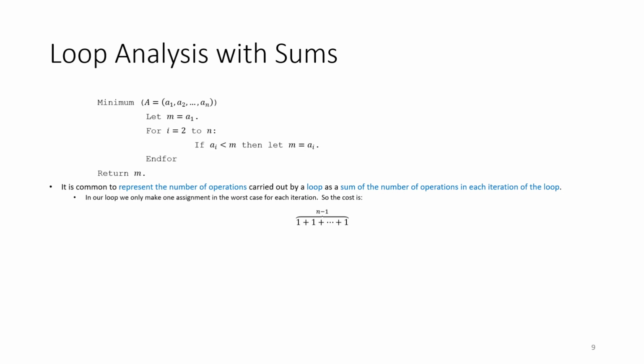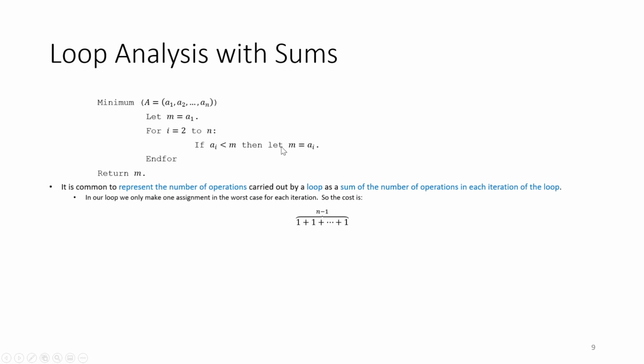Now, for our purposes here, like I mentioned, we were only counting assignment operations, and the key to our counting came with this for loop. We wanted to count how many times this particular operation was carried out. And we did a little bit of internal logic. We said, hey, this loop started at 2 and it goes to n.